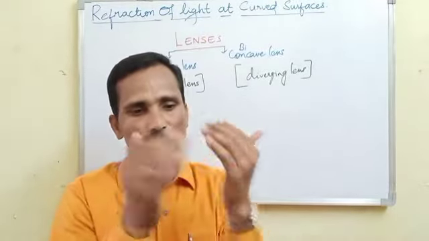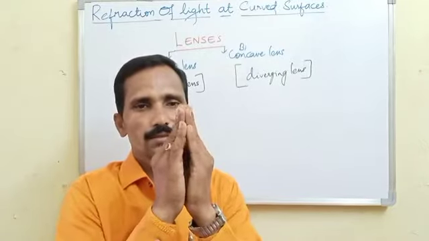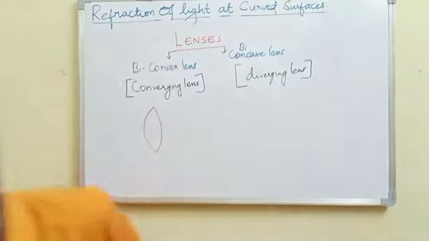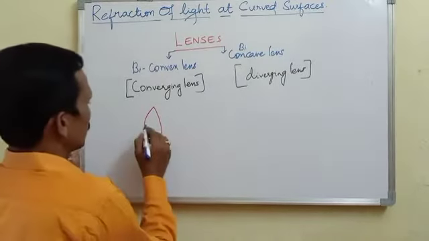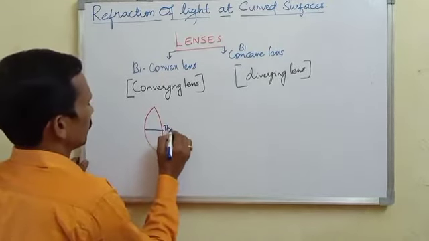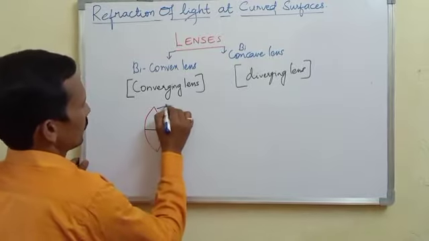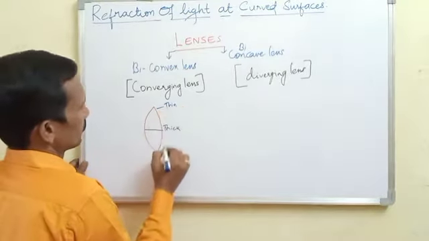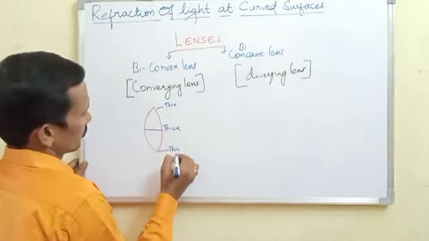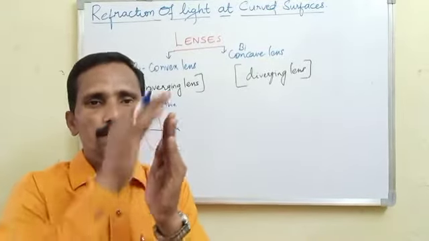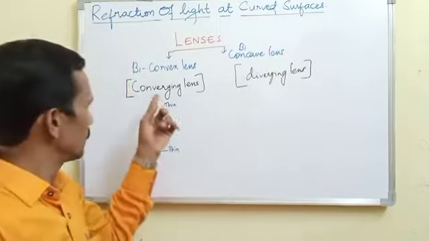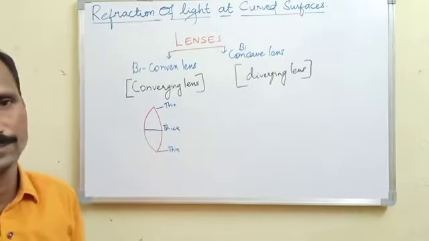In the middle it is very thick, at the edges it is very thin. So the lens which is thick at the middle and thin at the edges is called a biconvex lens.